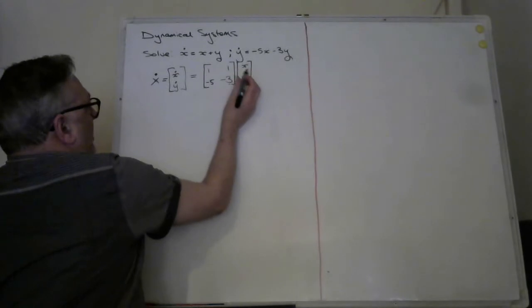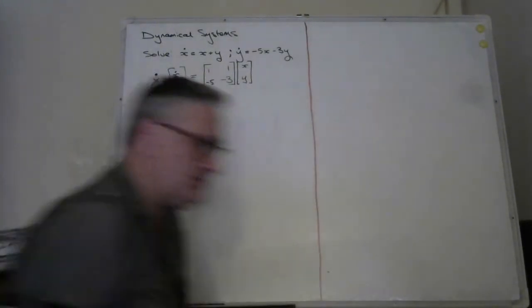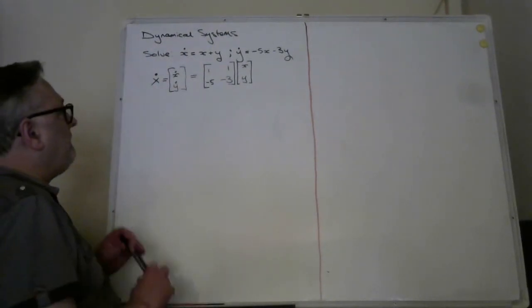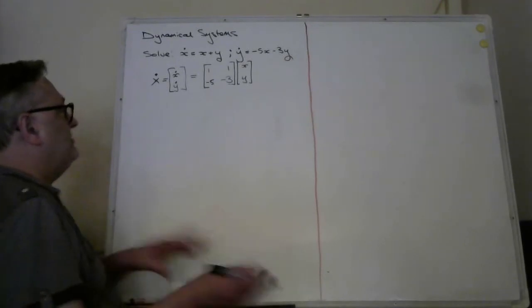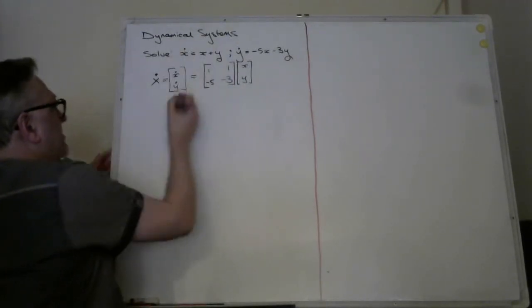Now, what we do straight away, if you remember, is you can check to see if the determinant of this is or isn't equal to 0.